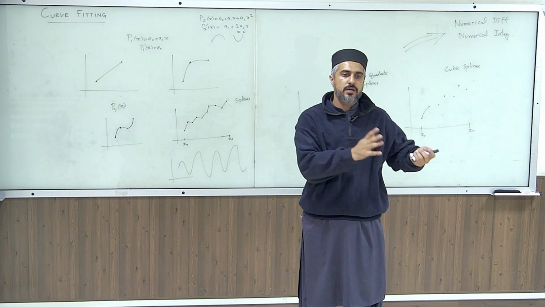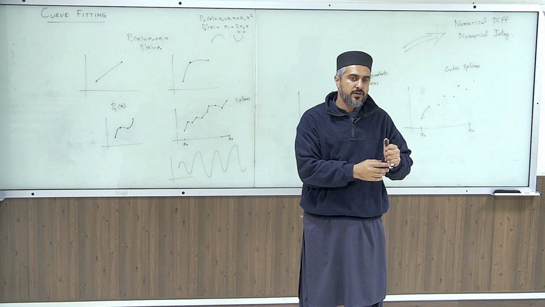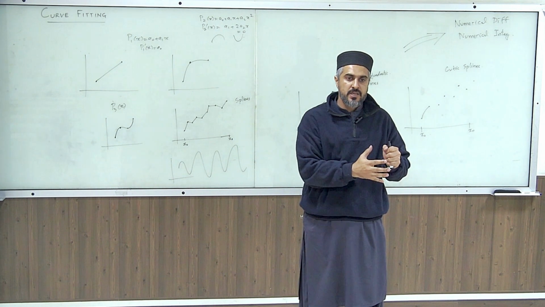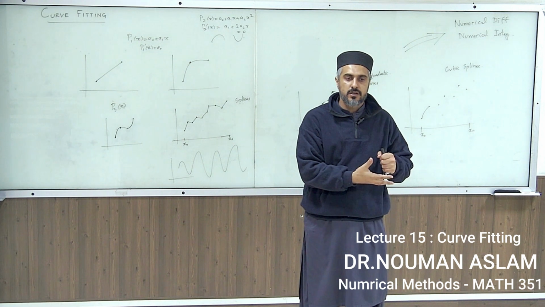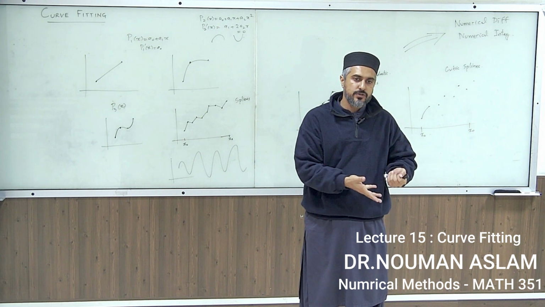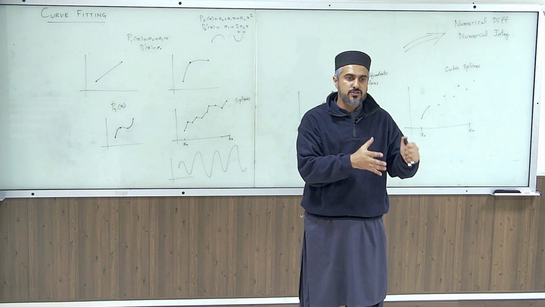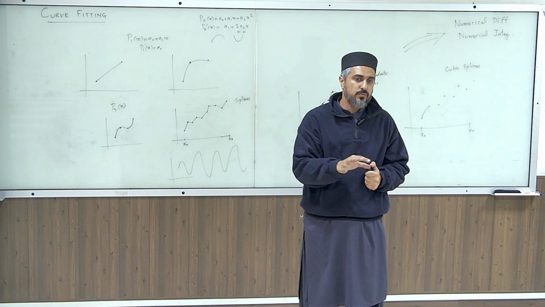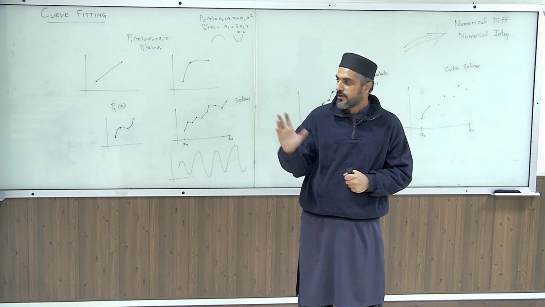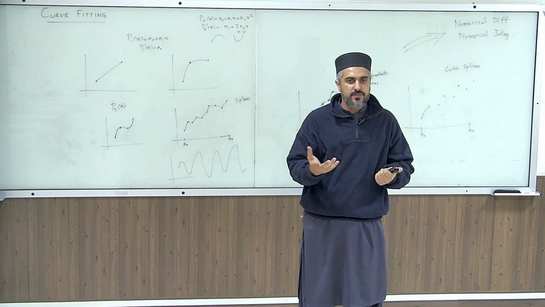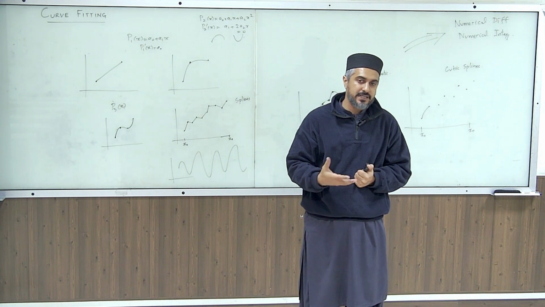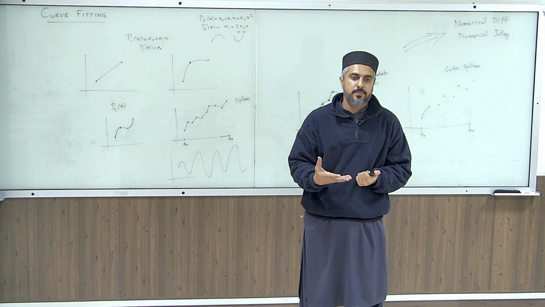And on the other side we have the Lagrange interpolation polynomial. Sorry, we have the Newton divided difference formula, and we have cubic splines. We'll be touching these topics in the coming lectures, and we'll have one lecture on machine learning, specifically a regression model, and we'll see a gradient descent method in that lecture.